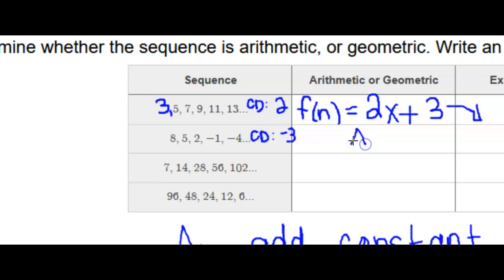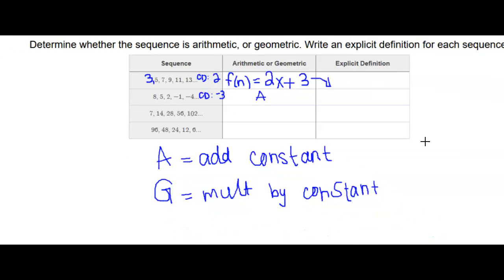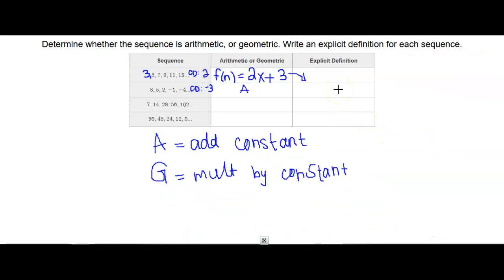And I'm just going to put an A in here for arithmetic because I can't write that long. It's going to take me forever to write that. So what I'm going to do now is go ahead and pause, and I'm going to see if you can come up with the explicit definition for this sequence right here.